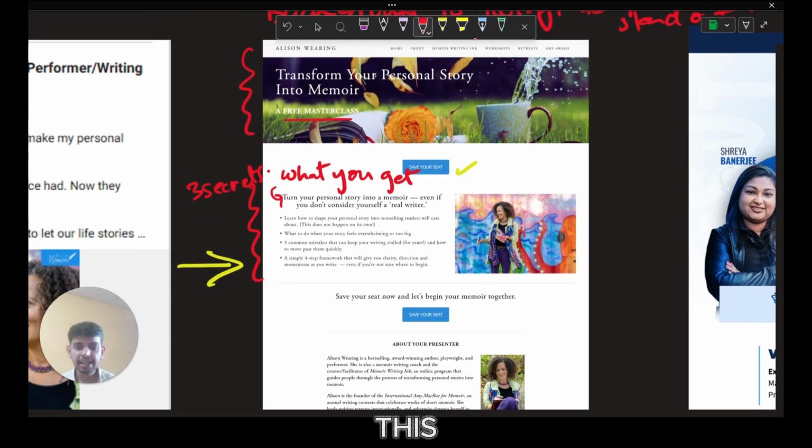The problem I have with this landing page is that I didn't understand what exact problem she is trying to solve. All of the words on the page focus on what they are going to get in terms of a personal memoir, how they can write a personal memoir, and the problems they face while writing it.